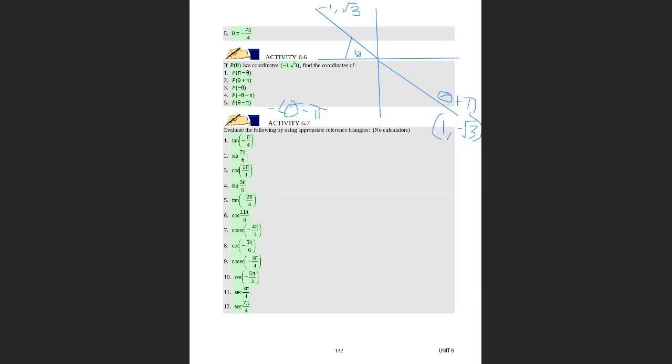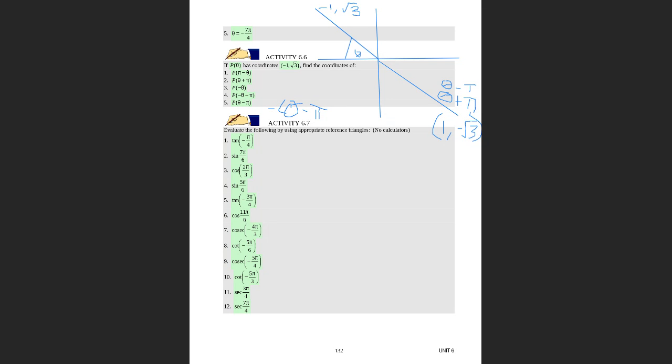And when it is positive, it goes in the positive direction, but it will still come here. So theta minus pi, this line can also be theta plus pi.